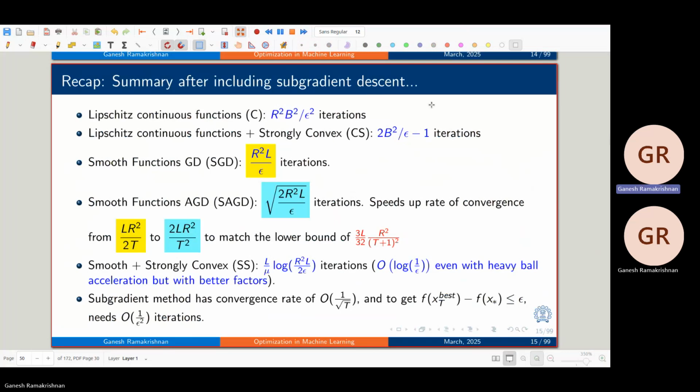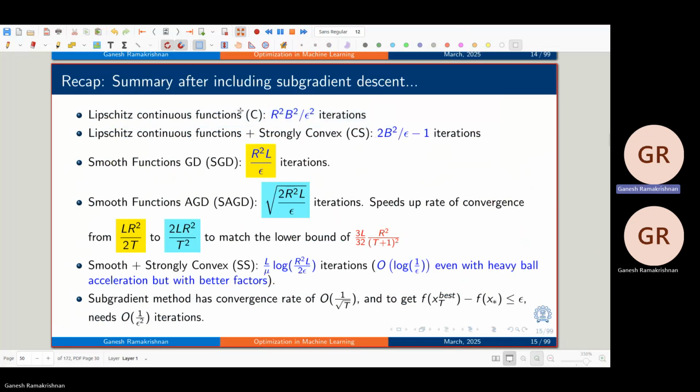Lipschitz continuity and strong convexity suddenly start looking much better than subgradient descent, right? The subgradient descent at the bottom is in terms of 1 upon epsilon square iterations. So in some sense, it's looking similar to the Lipschitz continuous function. The first and the last look very similar.